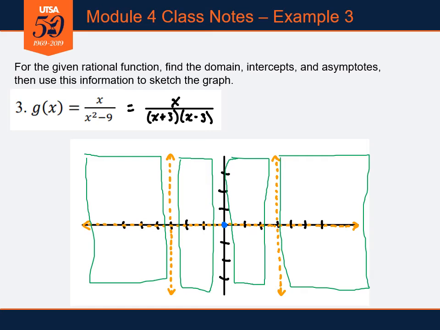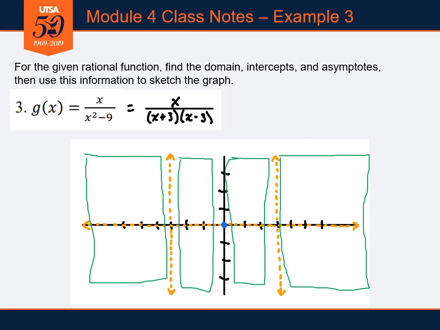In this particular case, it'll be very good to pick several points, as it turns out 4 points, one in each of these sections of the graph, so that we can start to fill out the curves of the graph.